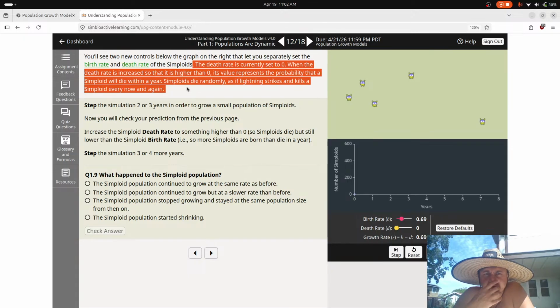When the death rate is increased so that it's higher than 0, its value represents the probability that a simploid would die within a year. Simploids die randomly as if lightning strikes. Okay.